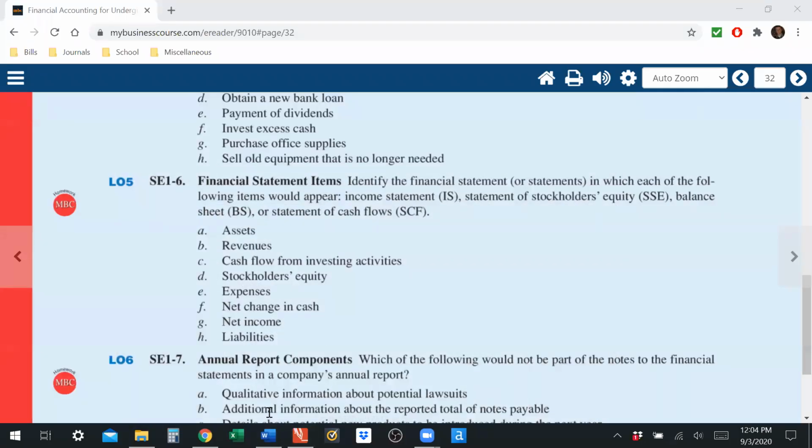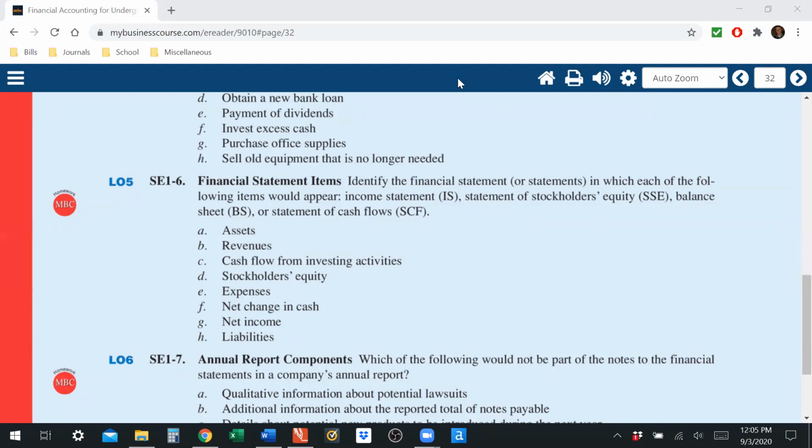D, stockholders equity. Where does that appear? And it could appear on more than one. Right, the ending balance in stockholders equity shows up on the balance sheet. Jared says it also shows up, and Emily also says, it also shows up on the statement of stockholders equity. The statement of stockholders equity explains the change in stockholders equity balance from beginning to end of year.